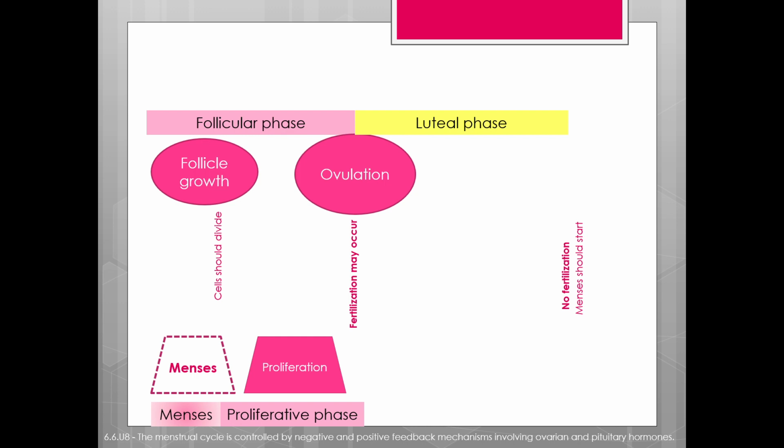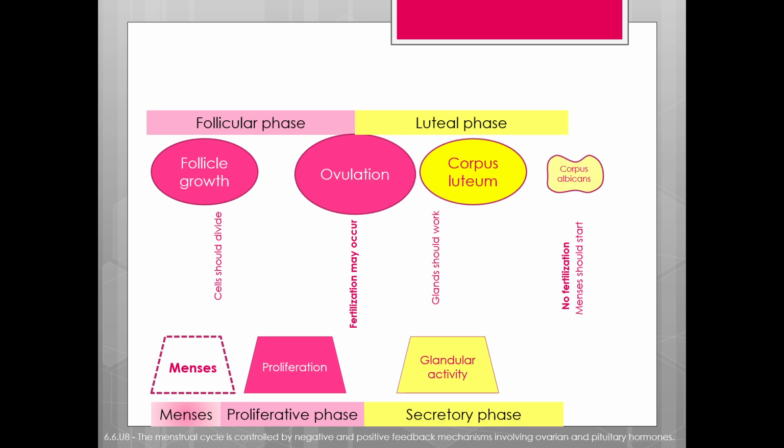So, after ovulation, the ovary goes into the luteal phase, and the signal sent to our uterus will convert the proliferative phase into the secretory phase. At this moment, the ovary keeps sending signals: prepare your glands. Fertilization may occur at any moment now. Be ready. So the uterus produces glands, being in the secretory phase.